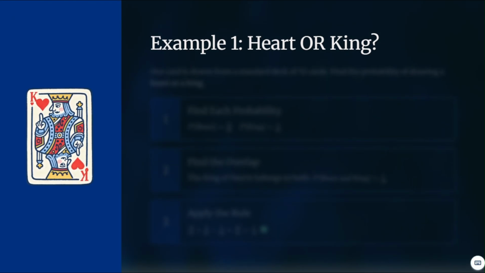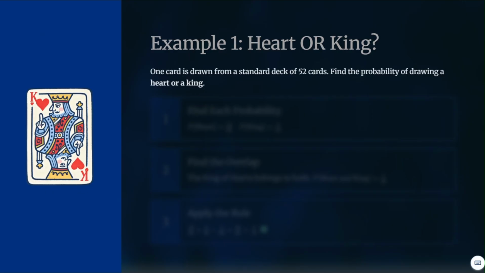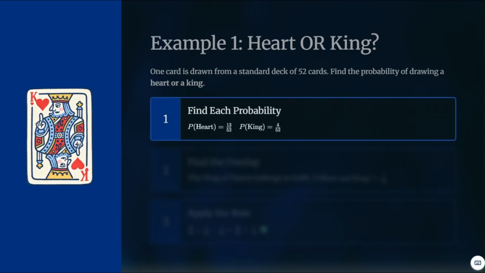For example, one card is drawn from a standard deck of 52 cards. Find the probability of drawing a heart or a king. So first we'll need to find each probability. Probability of drawing a heart: there are 13 hearts in the standard deck of cards, so that will be 13 over 52. And the probability of getting a king will be 4 over 52.